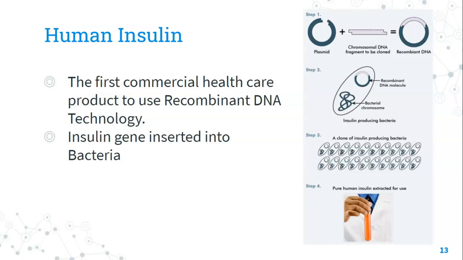Now we can extract pure human insulin from these bacteria because of this DNA, and we can use this pure insulin for anything that we need insulin for, but a lot of it is used for people who have diabetes.